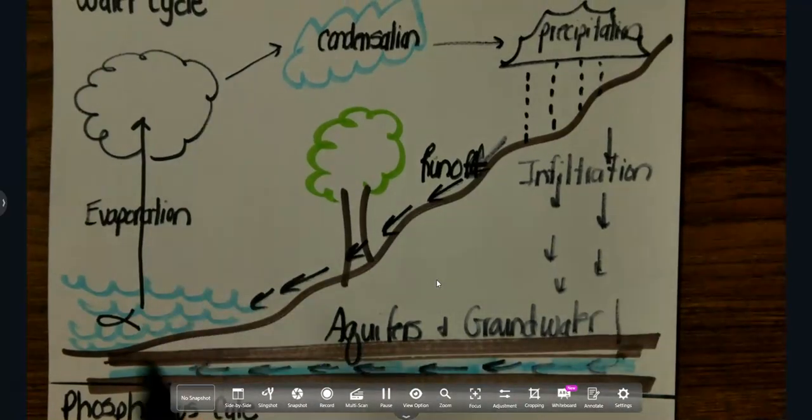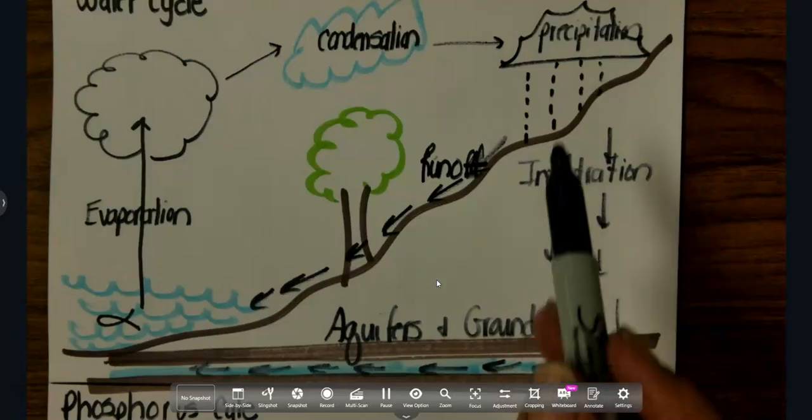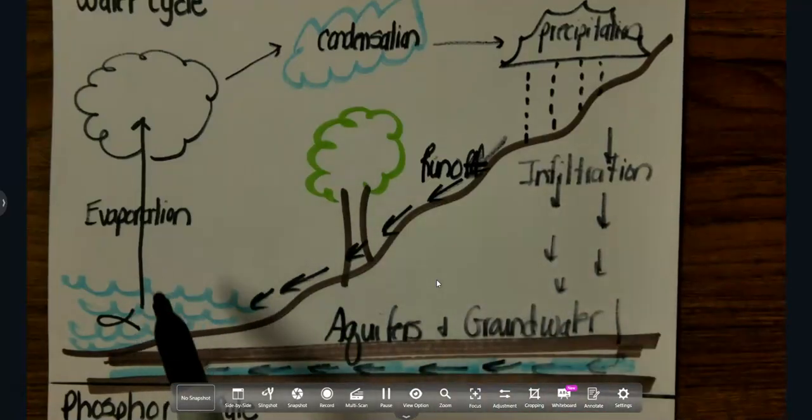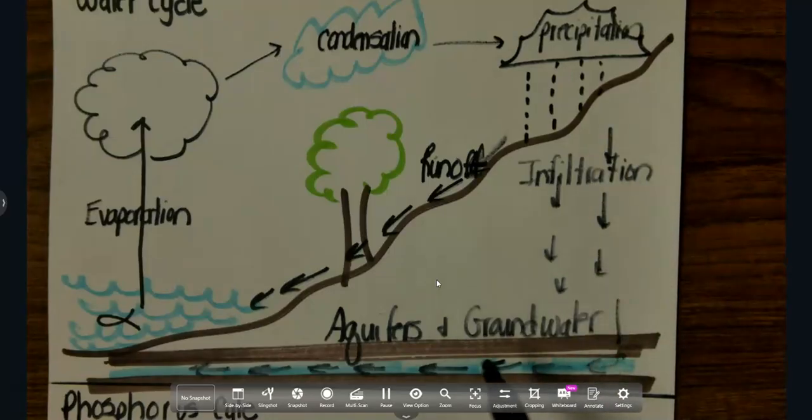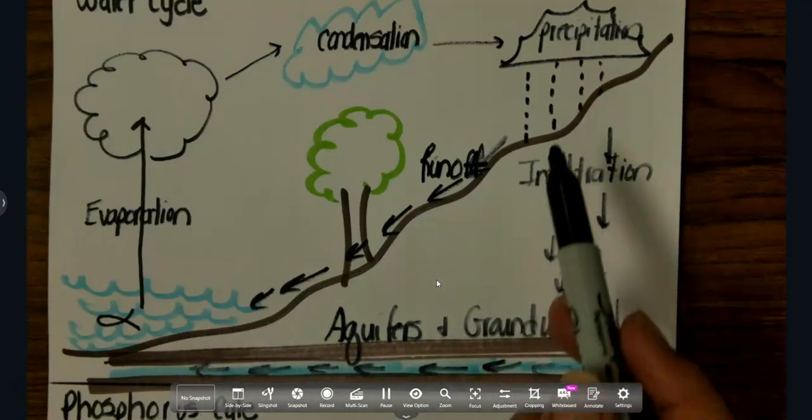So this cycle is going to go on and on and on, and what we want to do is we want to evaporate, condense, precipitate, but we want to put that water back into our aquifers and into our groundwater so that we can use it.